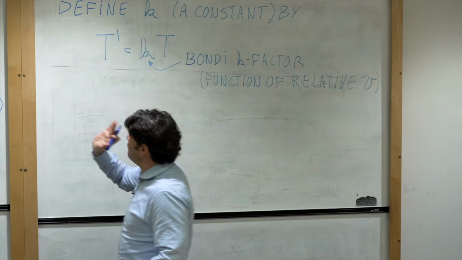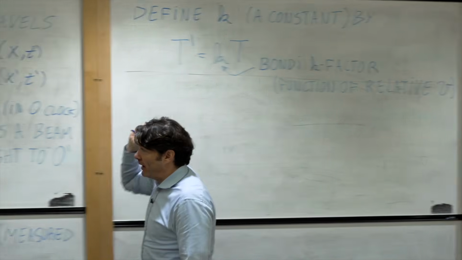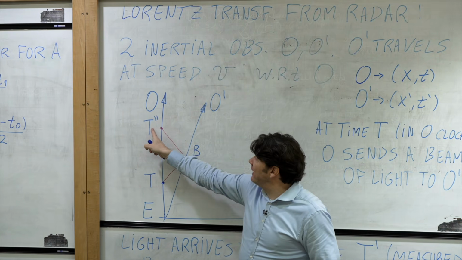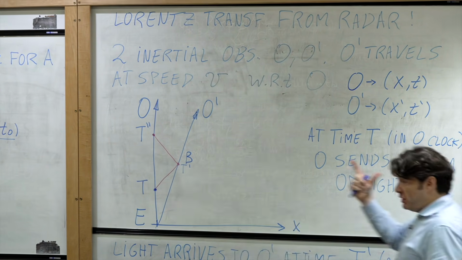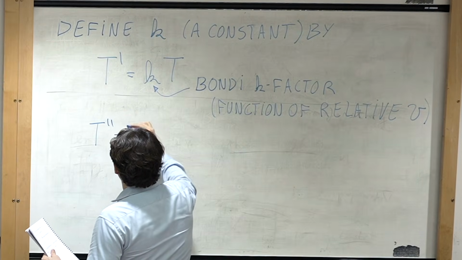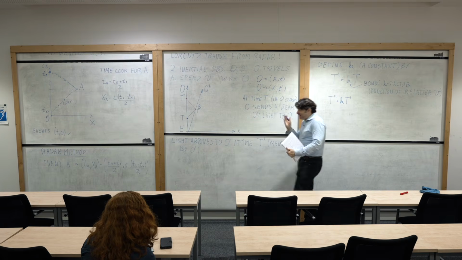Because the same consideration that applied to this problem would also apply to the problem of O prime sending a beam of light to O, we deduce that actually T prime prime is KT prime. Because the problem is identical.